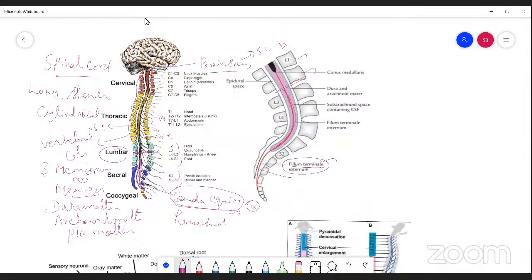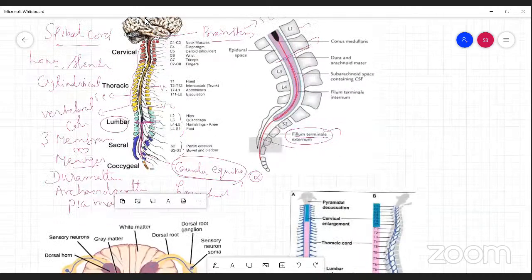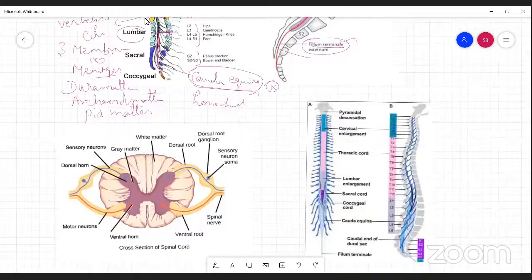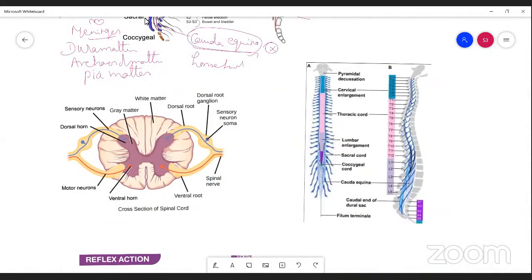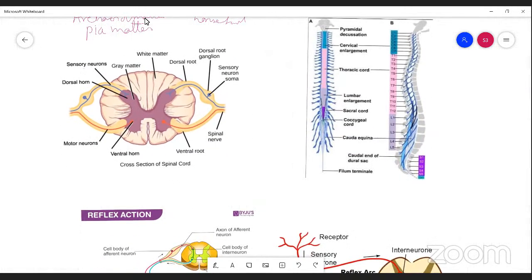Do you understand? Next, we want to see the cross section of the spinal cord. The spinal cord is elongated from the brainstem to the vertebral column.